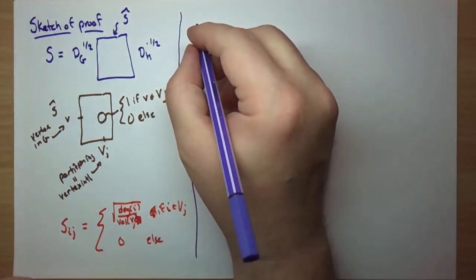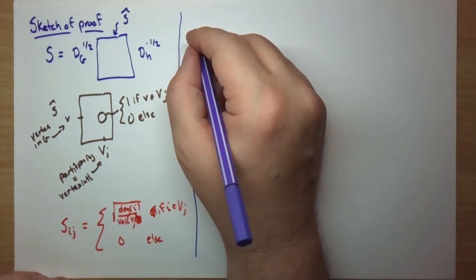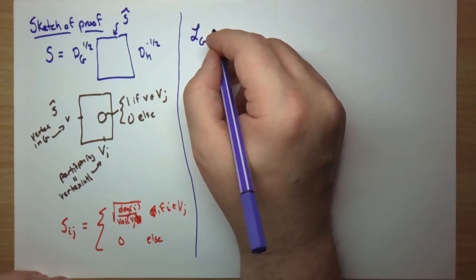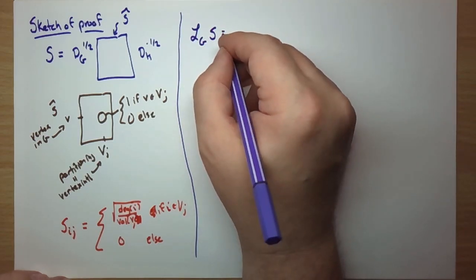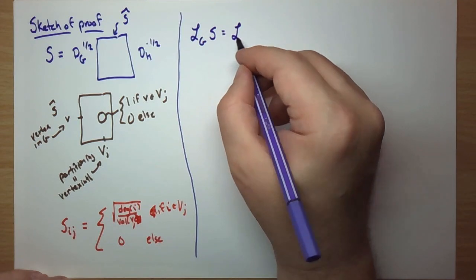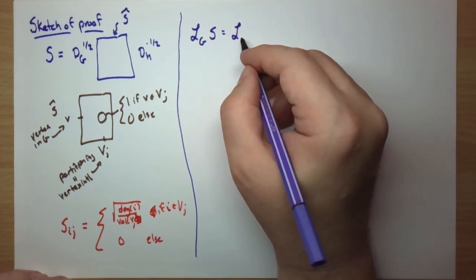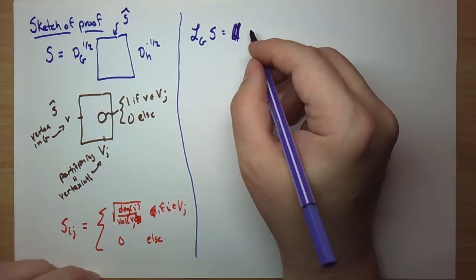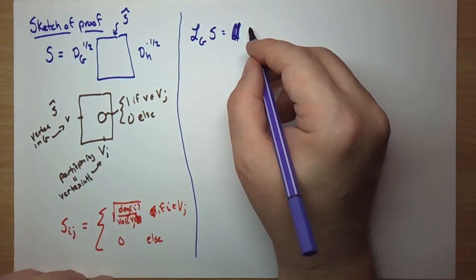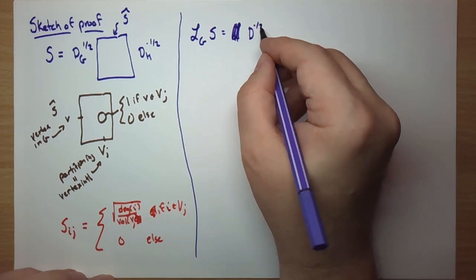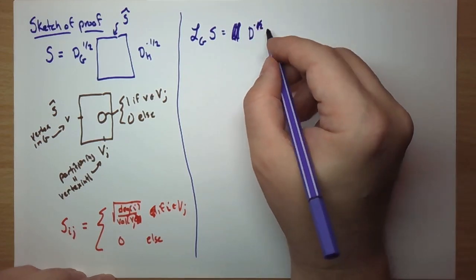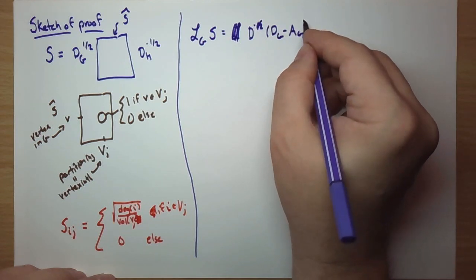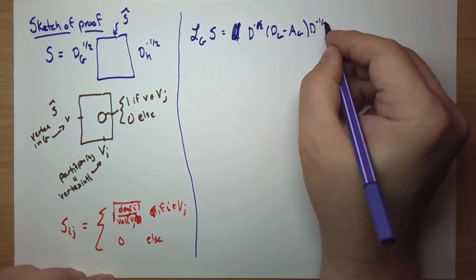Well, so now we're going to do some computations here. We're going to take our Laplacian matrix for G. We're going to multiply it by this matrix S. Well, we know what the Laplacian matrix for G is, and we know what S is. So let's write down what we know. The Laplacian matrix for G is D_G to the minus 1/2 times (D_G minus A_G) times D_G to the minus 1/2.